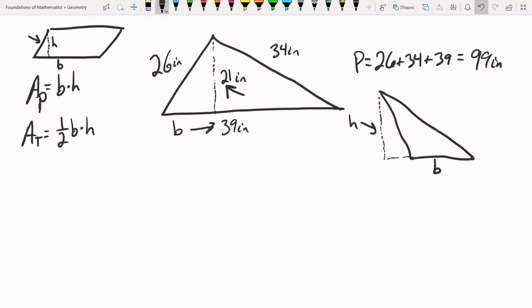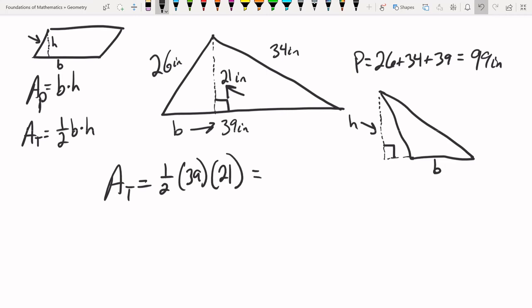So the orientation of the triangle matters for what height you're talking about. What's important to note is that the height will always be at a right angle to the base. So that can help you find what you're looking for. Once you know those things, then the area of a triangle is pretty simple to calculate. Plug them into the formula, 1/2 base times height.